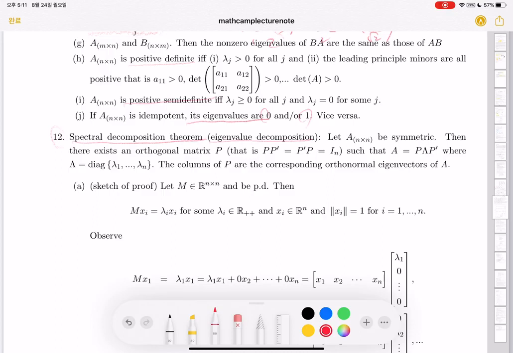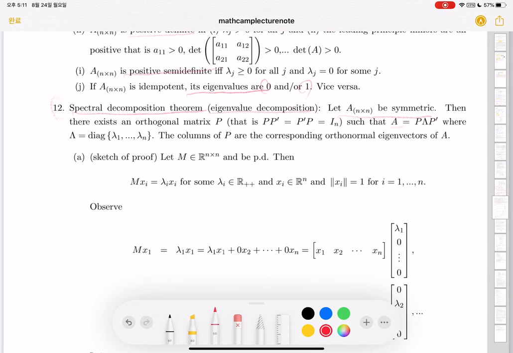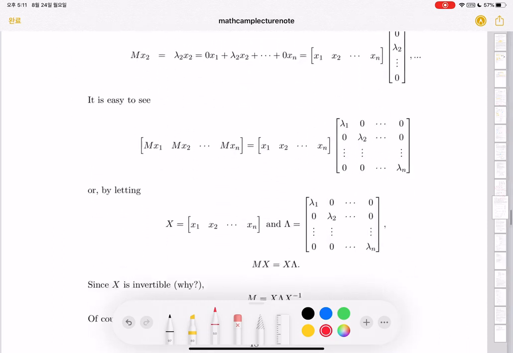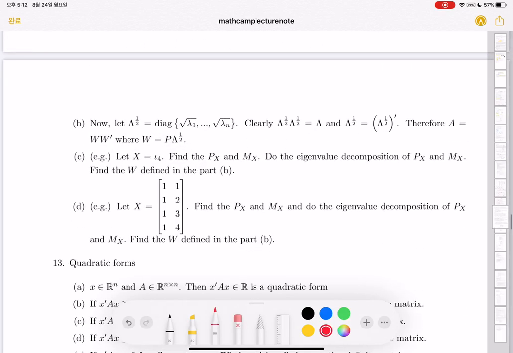Consider a symmetric matrix A. Then A can be diagonalized in the following way: A can be written as P times a diagonal matrix lambda times P prime when A is symmetric. So this is the proof. Read this proof, follow it carefully, and do the exercise problems.